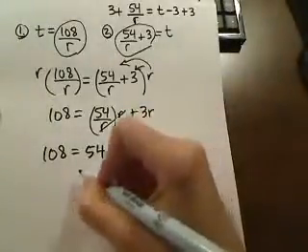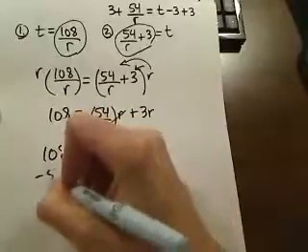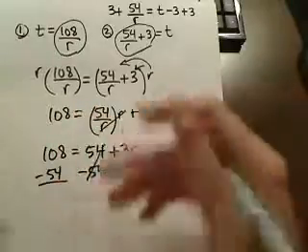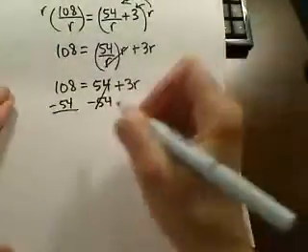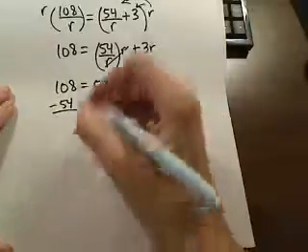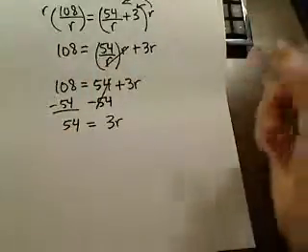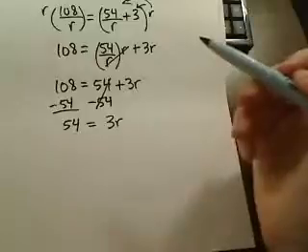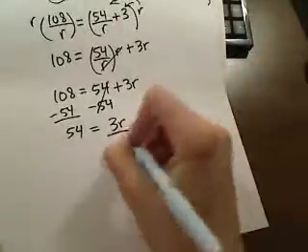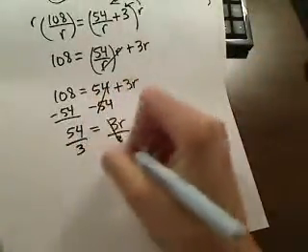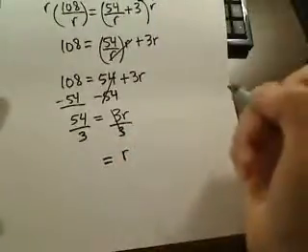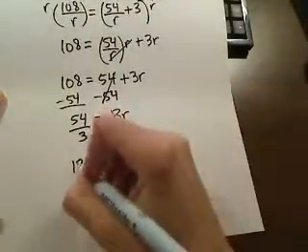If we continue to solve for r, subtract the 54, we have 3r equal to 54, because 108 minus 54 is 54. And then if we divide by 3, I believe the rate here is 18.